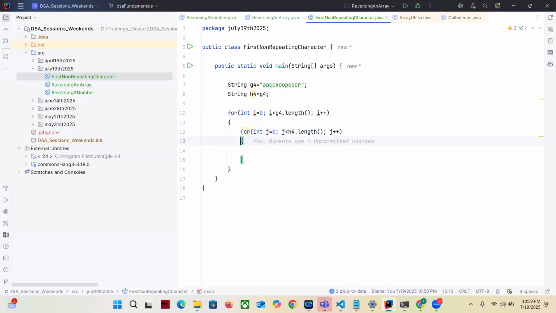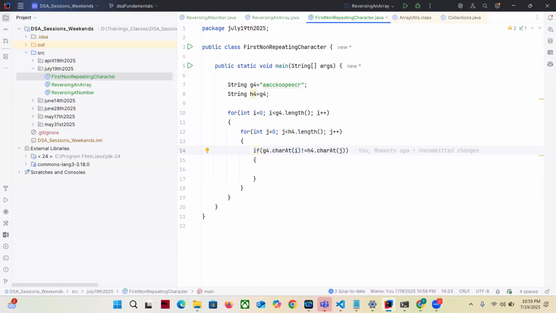We have to traverse through all the characters at h4. If g4 double equals h4, what do I have to do now? Store it if it is equal, because we don't want that condition, right? So you have to put not equal to.